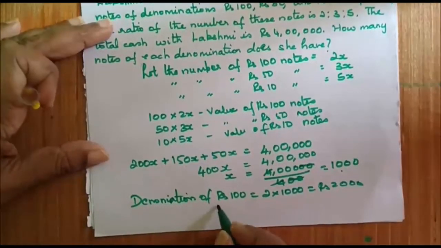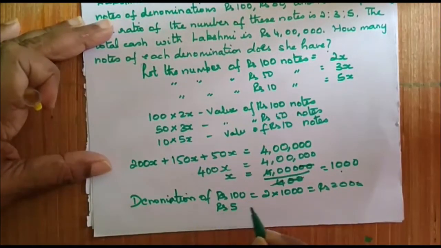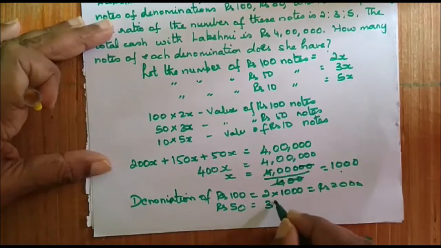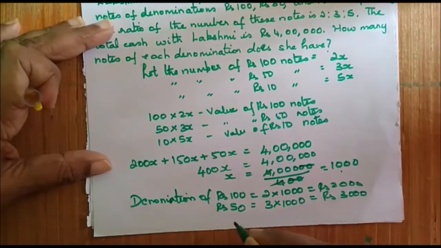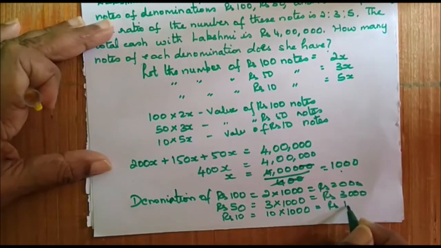Similarly, for rupees 50, it is 3 into 1000, which is equals to rupees 3000. Similarly, for rupees 10 is equals to 5 into 1000, I have it is equal to rupees 5000.